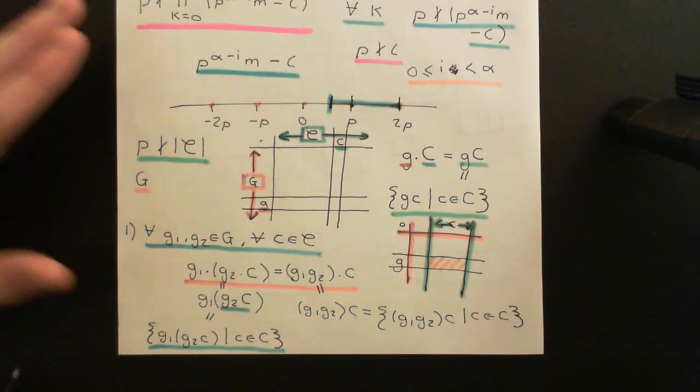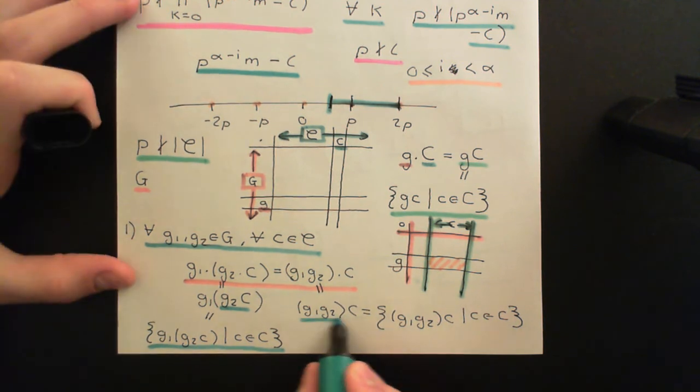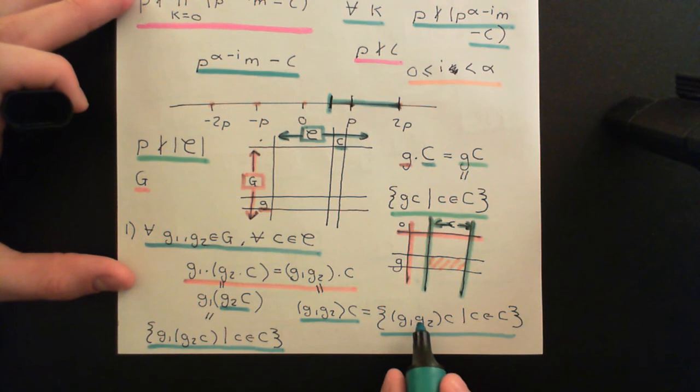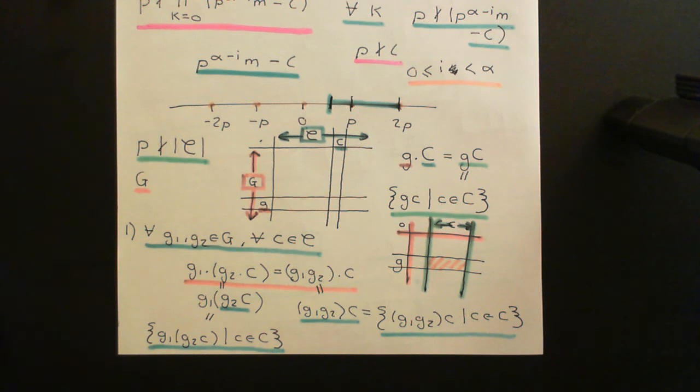Okay, and hopefully you can appreciate now that those two things are going to be absolutely equal to one another, because these two compositions, the composition between g1 and g2 and the composition between g2 and c, are compositions in the group composition table, and the group composition law obeys associativity.